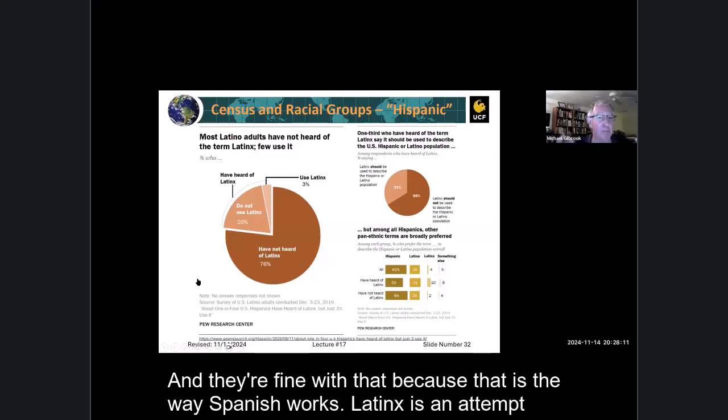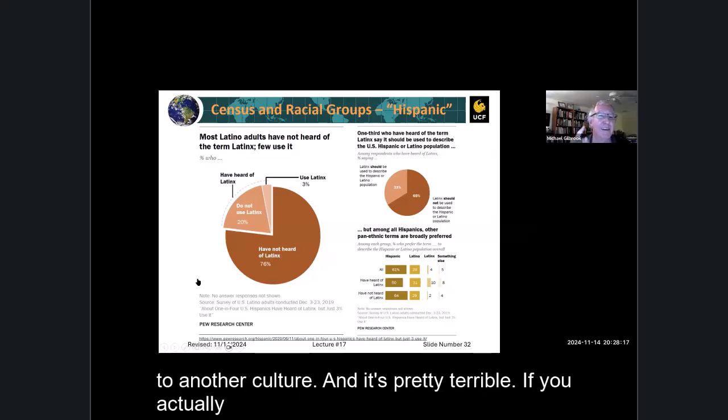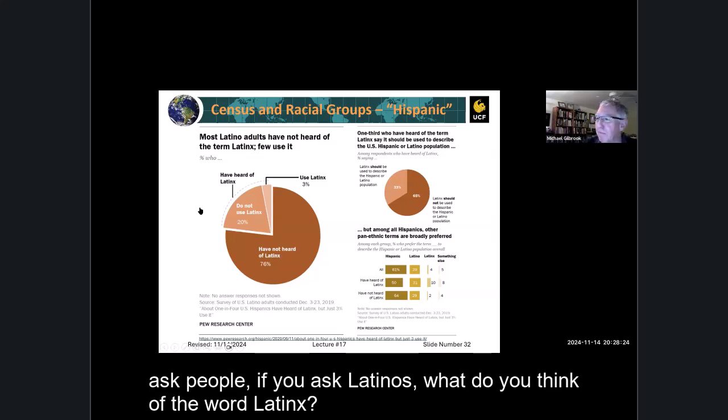Latinx is an attempt by people who look like me, white guys, trying to apply what they think is a gender neutral term to another culture. And it's pretty terrible. If you ask Latinos, what do you think of the word Latinx?